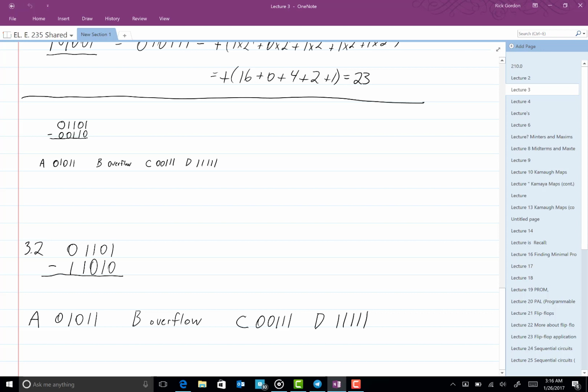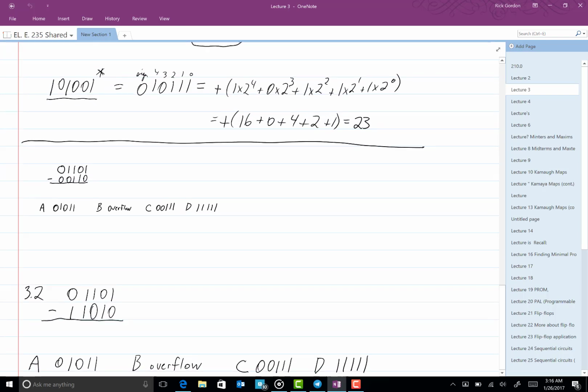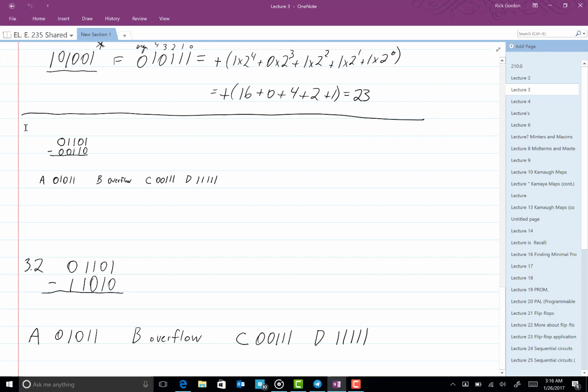So let's see some questions now. Somehow I'm not sure how the number was left out here, but this is problem 3.1. You were supposed to do a subtraction problem: 01101 minus 00110.